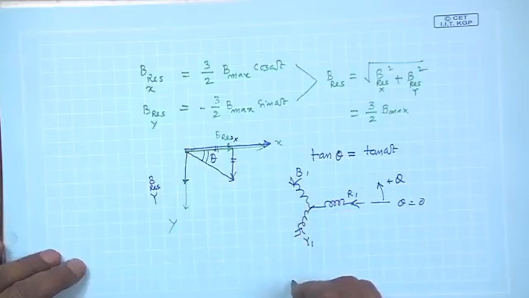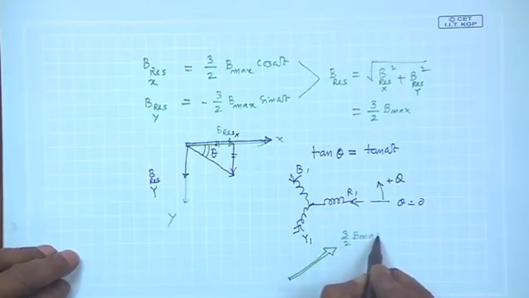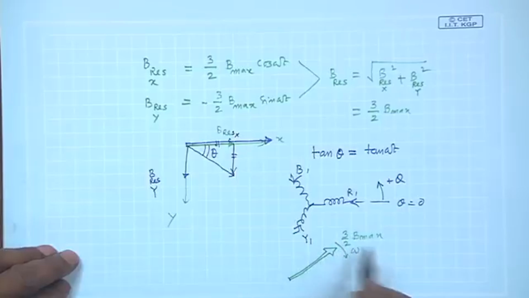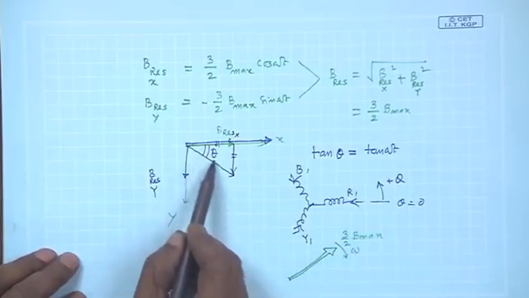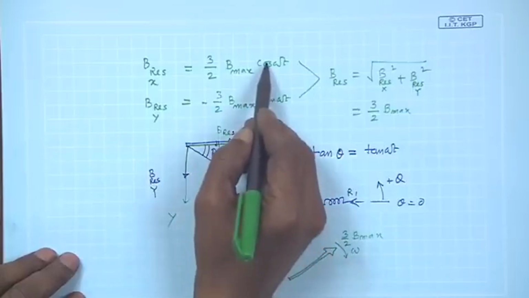I am drawing some sketch, I will do it like this. A resultant magnetic field of amplitude 3 by 2 B max, and its speed of rotation is omega, because this clearly shows this angle is omega, sin omega t, cos omega t.